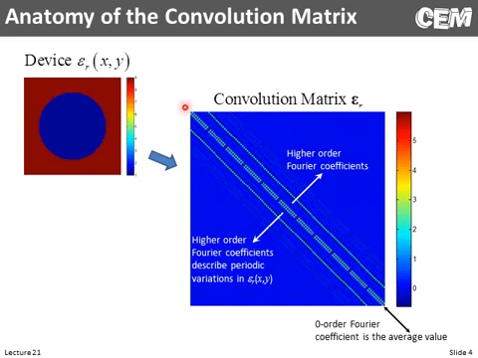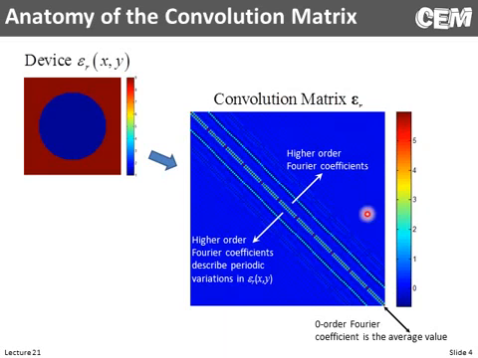Now, going down the center diagonal, it turns out is the average value in that function to the upper left. So we have a bunch of 1s here, a bunch of 9s out here. If we average this value, it comes out being almost 6. So these numbers going down the center diagonal is the average value. And it also corresponds to the 0 order harmonic.